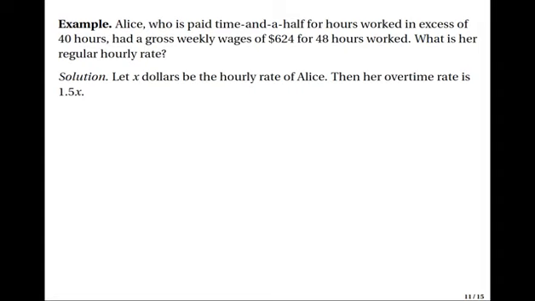Look at this: Alice is paid time and a half for hours worked in excess of 40 hours. So there is overtime. What is the rate of the overtime? I have related the rate of the overtime with the regular hourly rate. It's paid time and a half, that means 1.5.